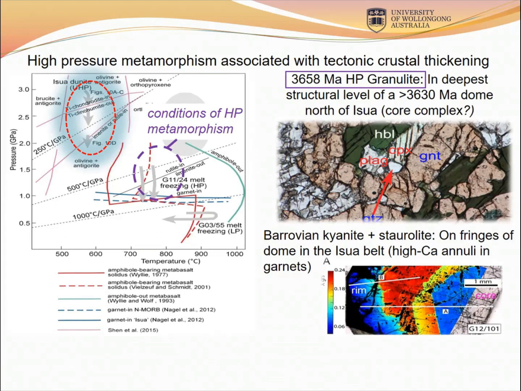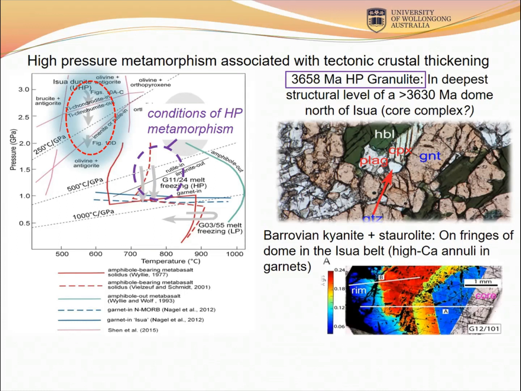And that kind of assemblage is a diagnostic feature of crustal thickening, tectonic crustal thickening in younger orogenic belts. So again, on the pressure temperature diagram on the left there, I have put on the conditions for that high pressure metamorphism, which is higher temperature but lower pressure than the ultra high pressure preserved in the serpentinites.